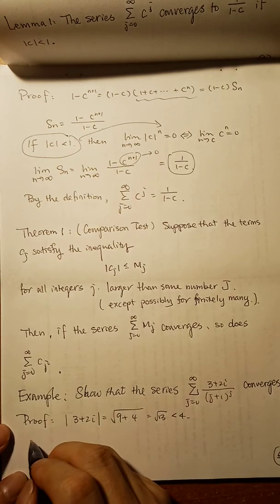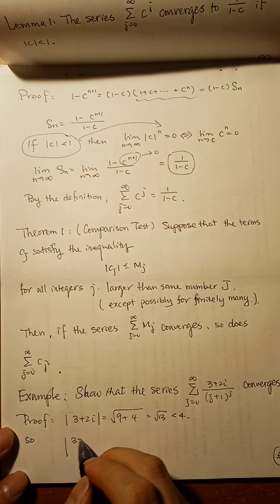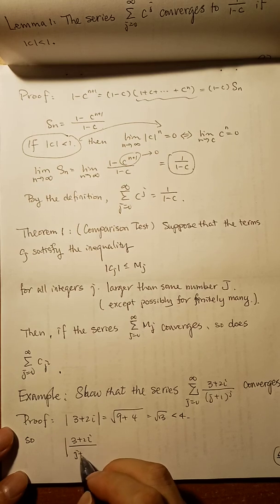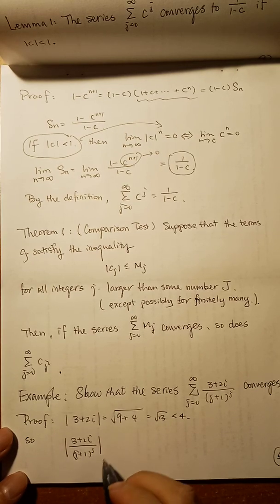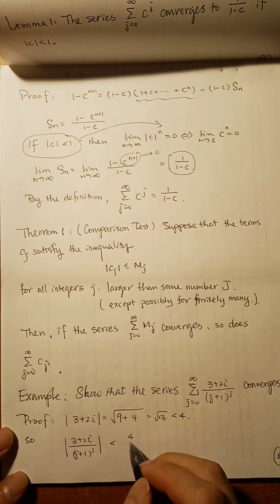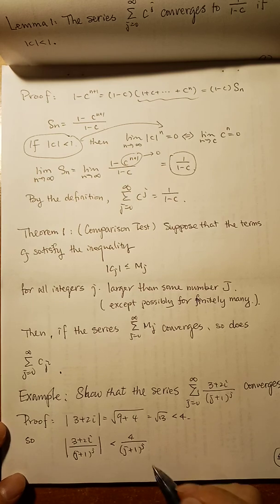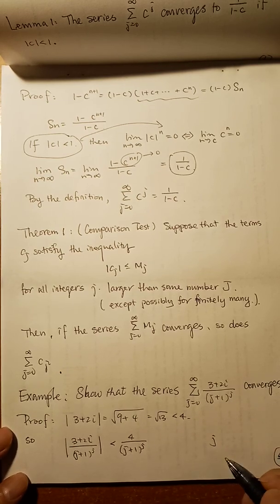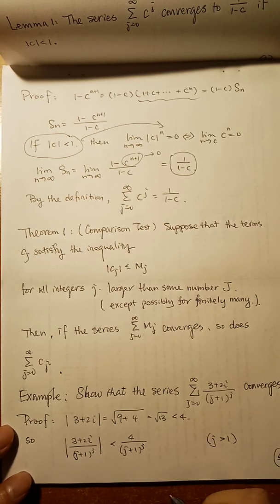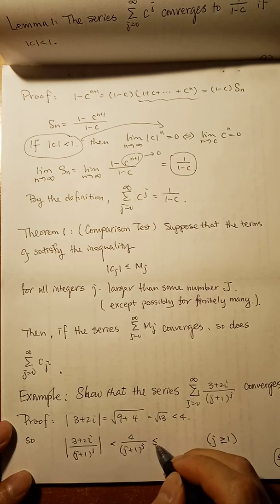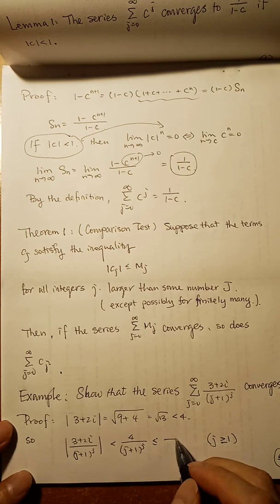And so the absolute value of Cj, 3 plus 2i over j plus 1 to the j's power, is less than 4 over j plus 1 to the j's power. And j is 0, 1, 2, 3. Let's assume j is greater than or equal to 1, let's just skip the first term. Then this will be less than or equal to 1 plus 1, which is 2, to the j.